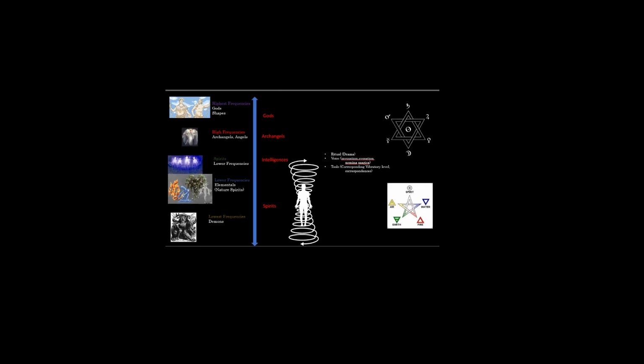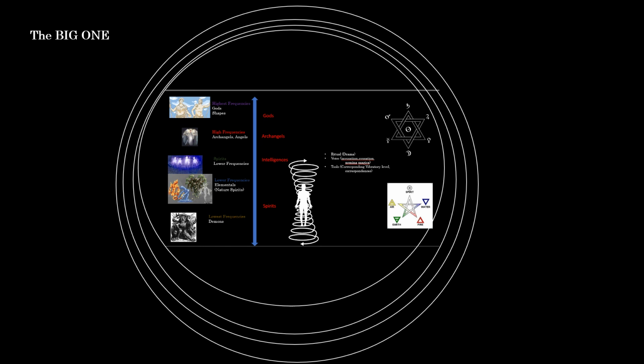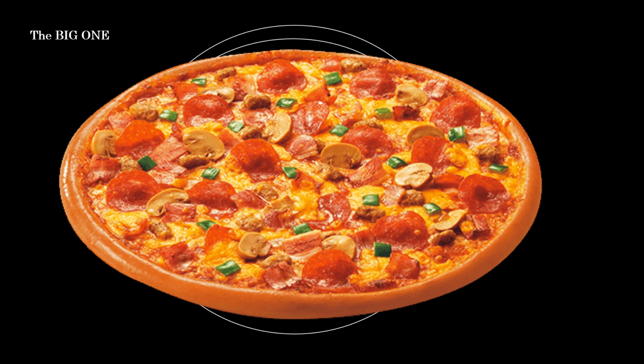And we can call this the big one. This big one is something that has everything inside. It's an ominous something that is above and beyond space and time and creation. So what is this?